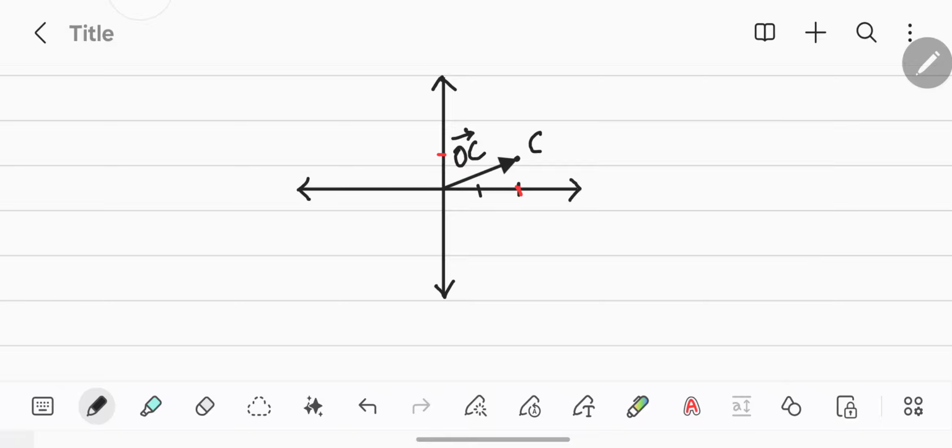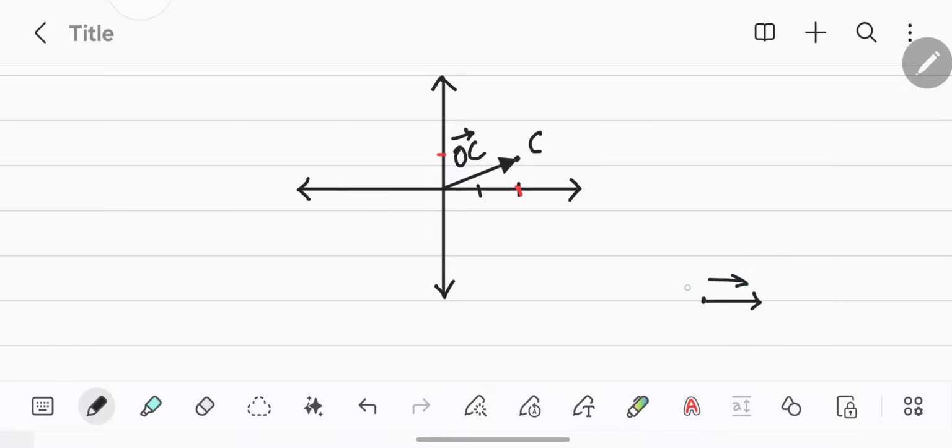Now I need to draw its opposite vector. So what is the opposite vector? Suppose you and I are standing here. Someone asks you to go this side, and asks me to go the opposite side of you.